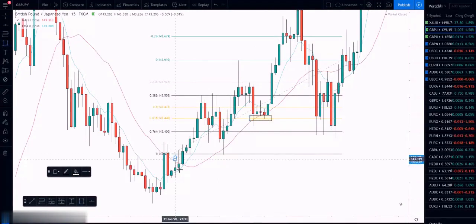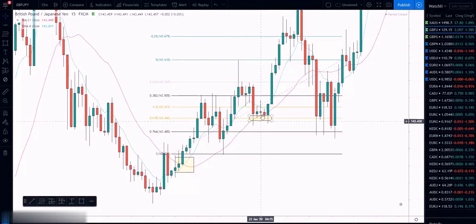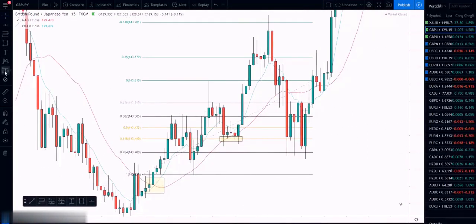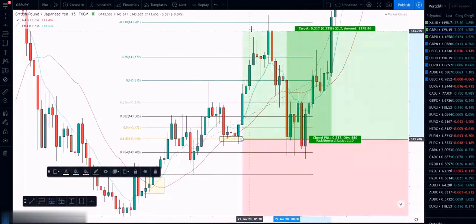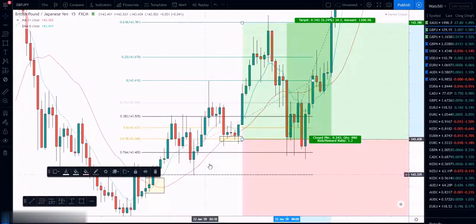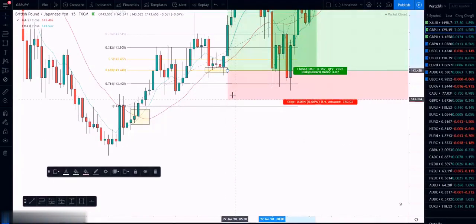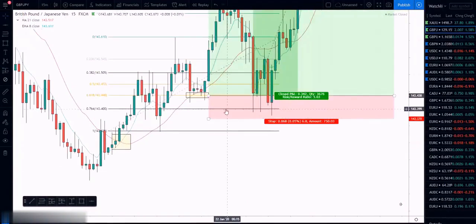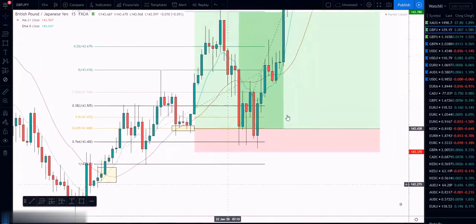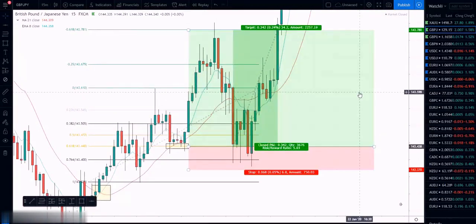You have your moving average crossover down in here. You see it rejecting that bearish moving average. What happens after that? Final take profit hit. 6 pip stop loss for a 34 pip gain.